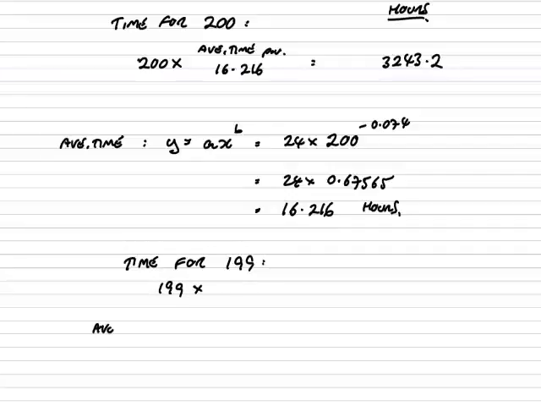And the average time, if we make 199, 24 for the first, 199 units this time to the power minus 0.074. And this time I'm going to do it all on my calculator. 199 to the power negative 0.074 equals, it's 0.6759. But if I multiply by 24, I get this time, 16.222 hours.